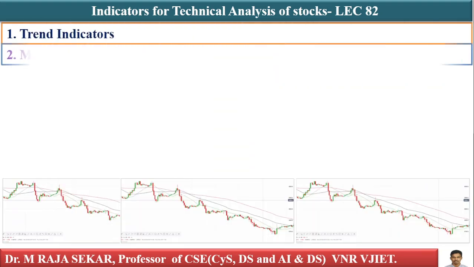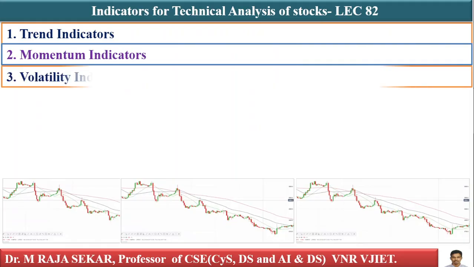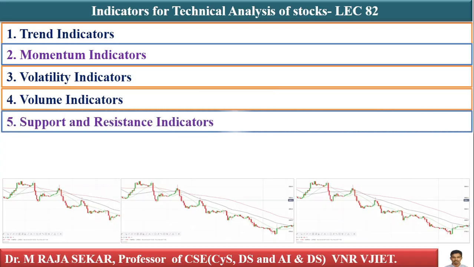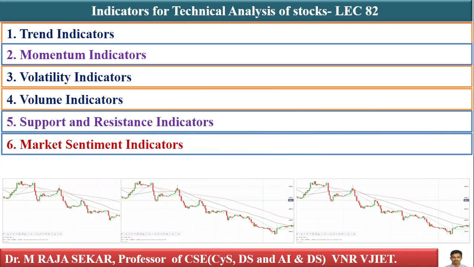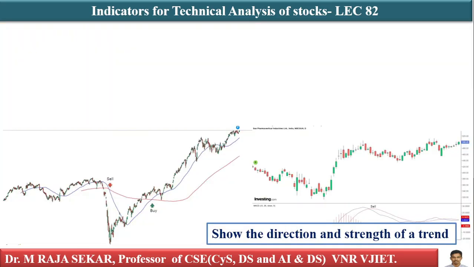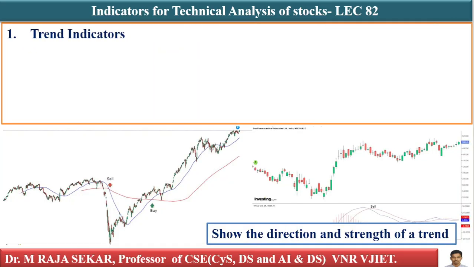First one is trend indicators, second one is momentum indicators, third one is volatility indicators, fourth one is volume indicators, fifth one is support and resistance indicators, sixth one is market sentiment indicators, and seventh one is breadth indicators. Now let us see one by one. Anyway, we will discuss all these indicators in a detailed manner in future lectures. Just in this lecture, let me give a small overview of all these indicators.